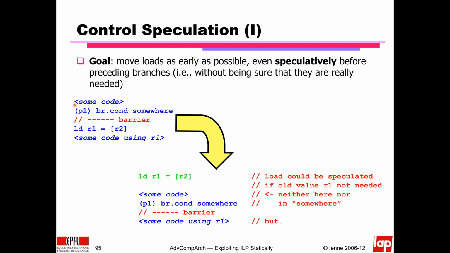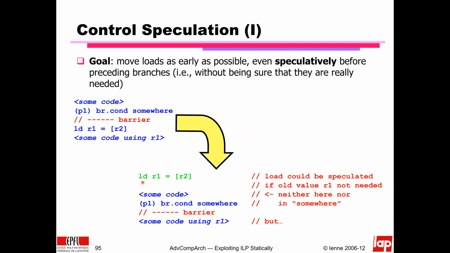Why? My question is always, what is the major problem that you have? And the answer is very often exception. It works here, is the exception. Why is it a problem? Because this load should potentially not have been executed, because the branch maybe was taken and so we would not have gotten to the load.